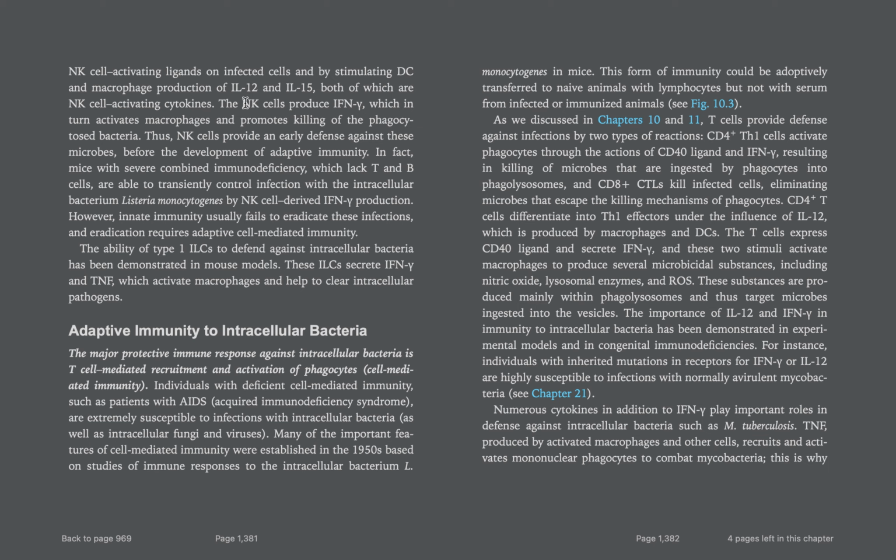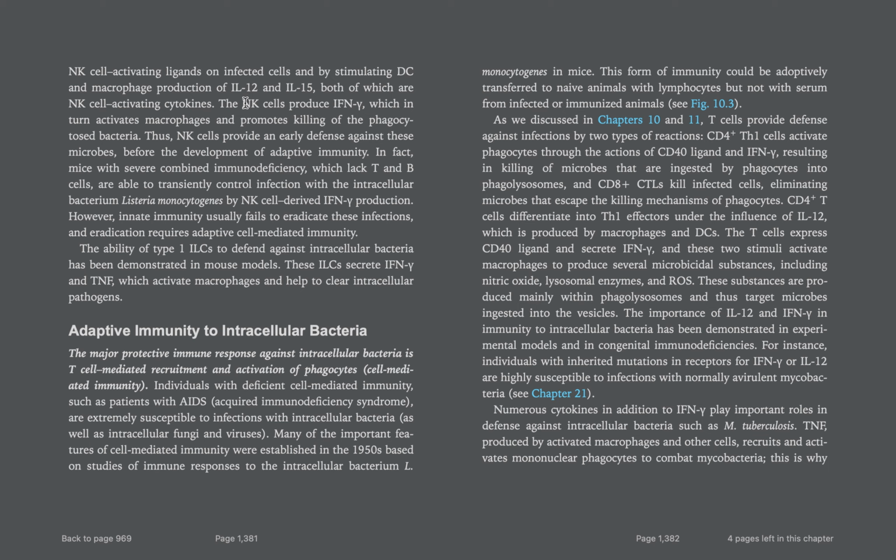Thus, natural killer cells provide an early defense against these microbes before the development of adaptive immunity. In fact, mice with severe combined immunodeficiency, which lack T and B cells, are able to transiently control infection with the intracellular bacterium Listeria monocytogenes by natural killer cell-derived interferon gamma production. However, innate immunity usually fails to eradicate this infection, and eradication requires adaptive cell-mediated immunity.